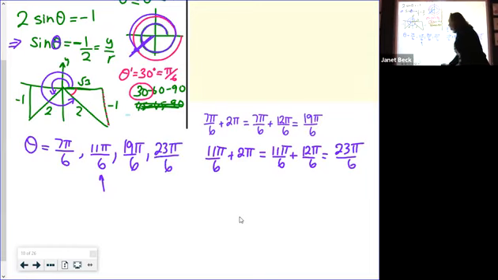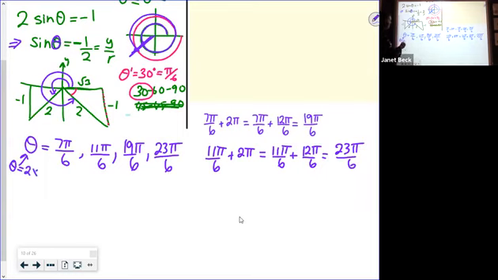Okay. So at this point, we've got 4 solutions, but look at what we've solved for. We were solving for theta. That's not what our question was about. Our question was about x. Now we know that theta equals 2x.